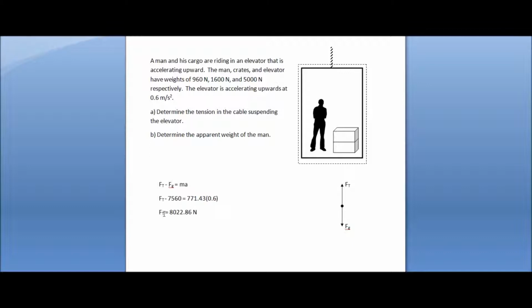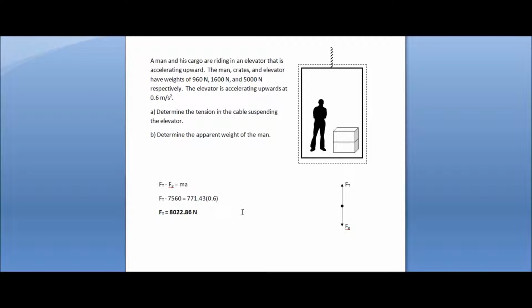So there's your force of tension, this thing pulling up. This makes sense as an answer because if the elevator was not moving, it was just sitting there, then this would be the answer, 7560. But because it's accelerating up, this rope has to work a little extra hard on the system, so that's why the force is a little bit more.